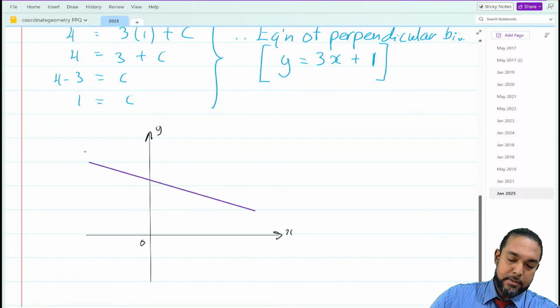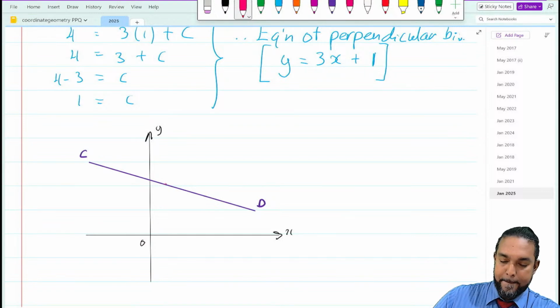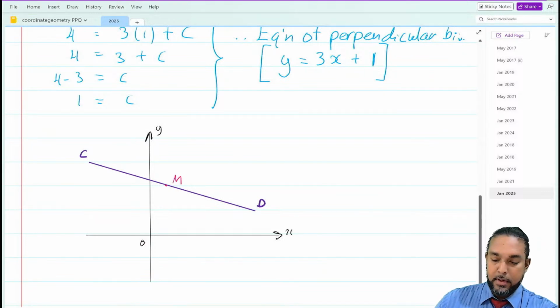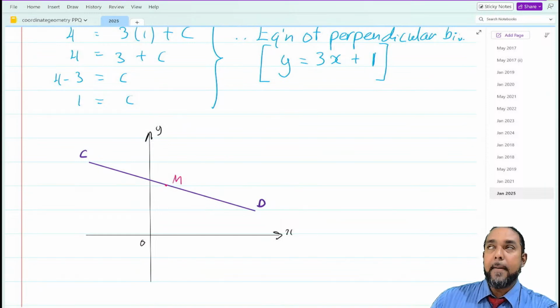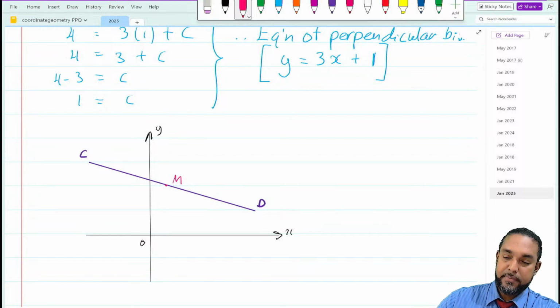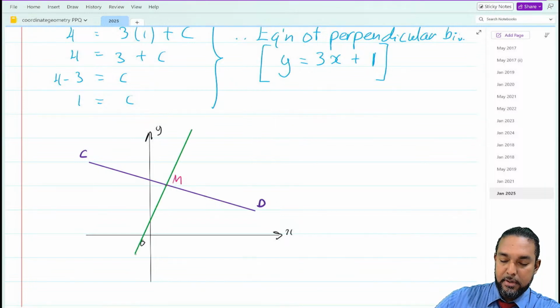That's point C, that's point D, and the midpoint is about there, M. A bisector is a line which cuts another line in half, and perpendicular means it passes through the line at an angle of 90 degrees.